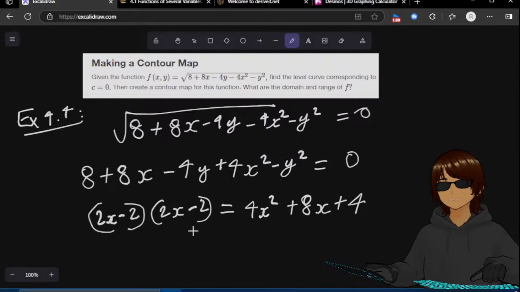If it was like this, I would have 4x squared minus 4x minus 4x, so minus 8x plus 4.